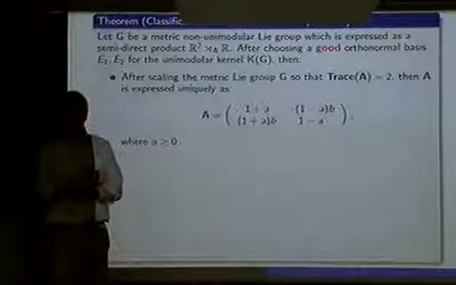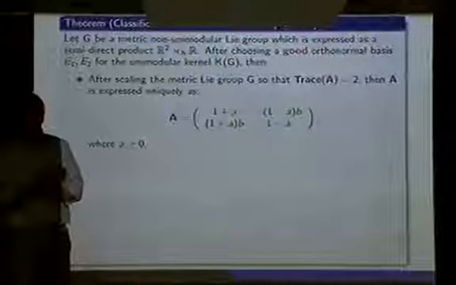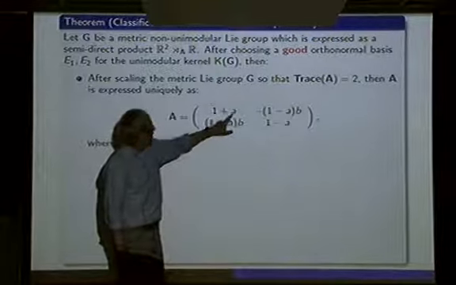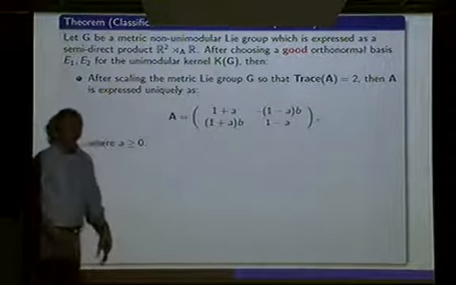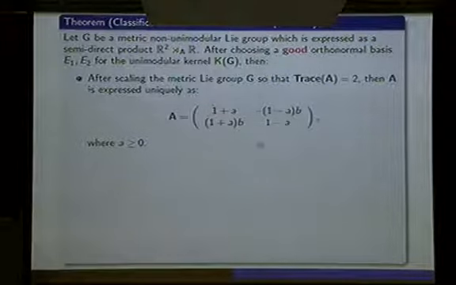So after doing a homothety of the metric, we can assume that the matrix has trace 2. Notice that's the way this is set up: 1 plus A, 1 minus A, so we have the trace being 2. And then if you pick the basis a nice way, you get the matrix to look like this.